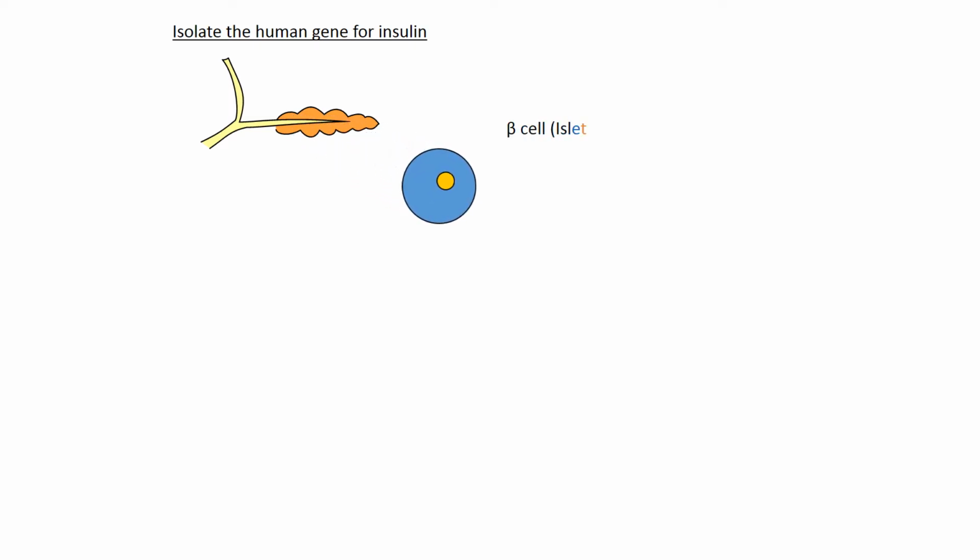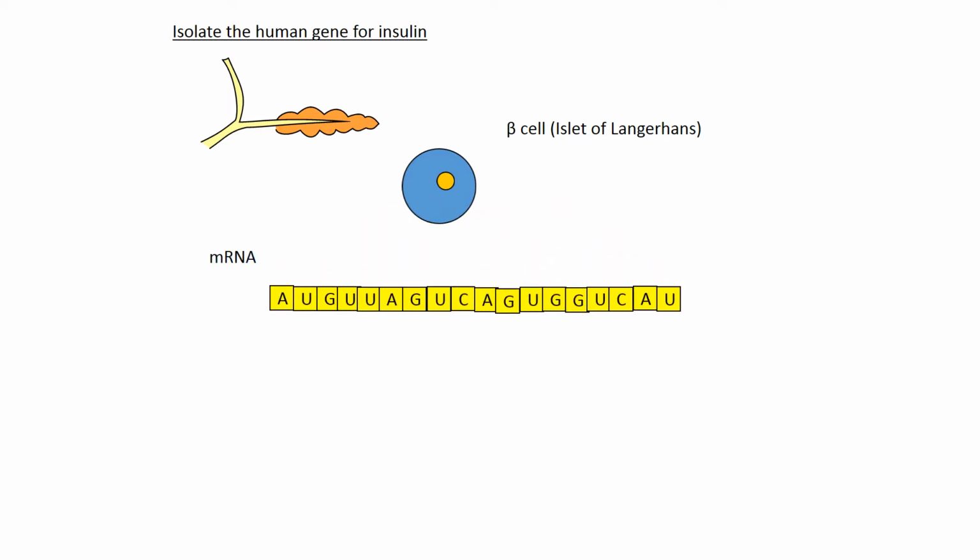So you need to take those cells, and now they're going to be expressing a gene, which means there's going to be a lot of transcription and translation going on, particularly transcription of the insulin gene into messenger RNA.